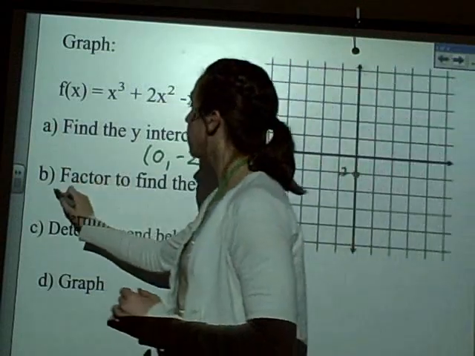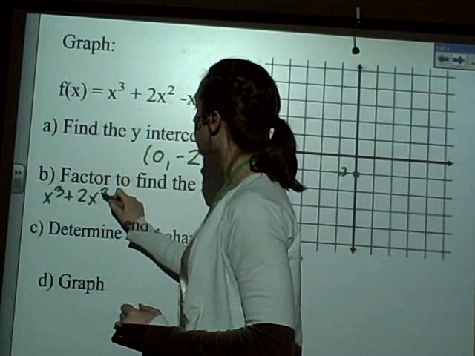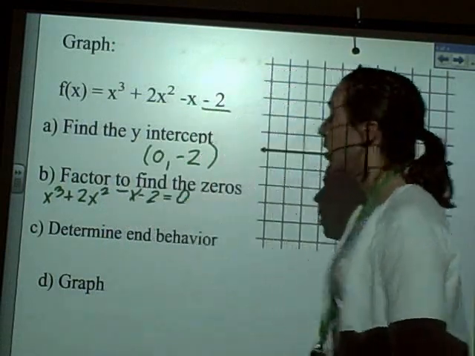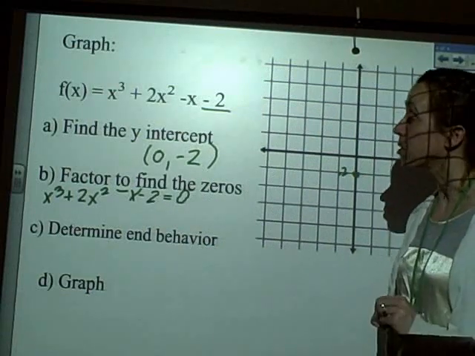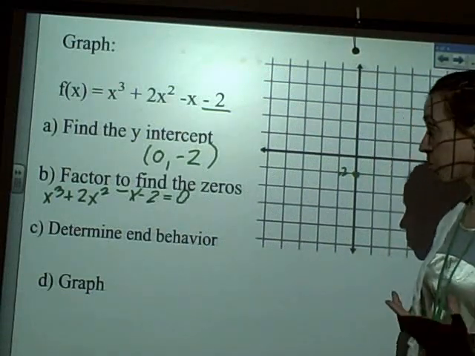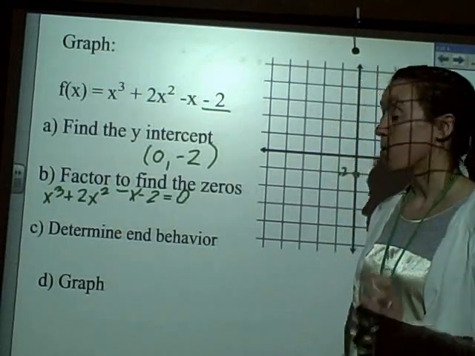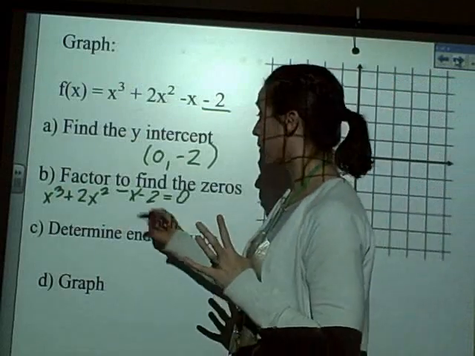So we're going to take our function and set it equal to 0. And the only way you guys know how to solve this is to factor. We're going to factor it to figure out those zeros real easily. What I see is I have a cubic function, 4 terms. The only way I know how to factor that is to factor by grouping.